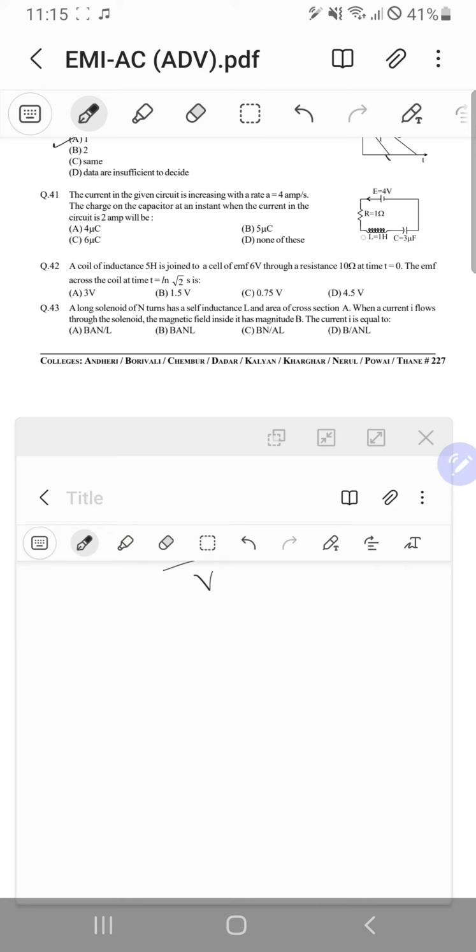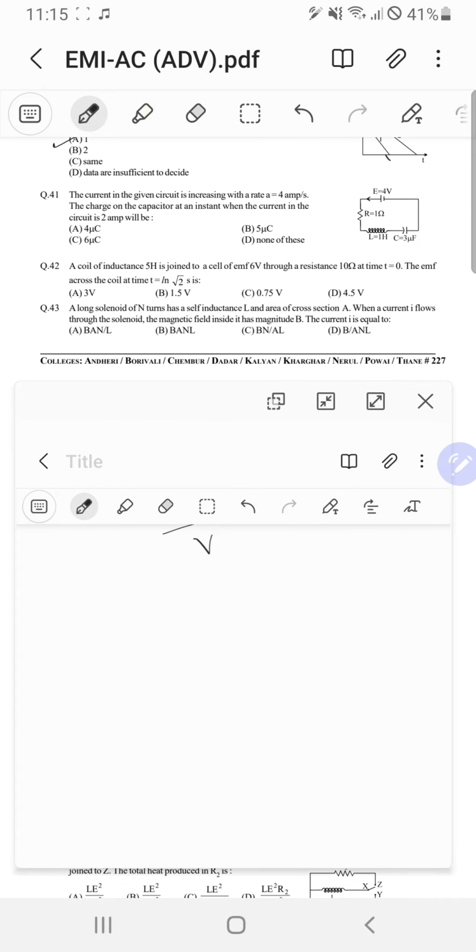You have a resistor, an inductor, and a capacitor. So they straight up tell us that the current is increasing at a rate of 4 amps per second. Oh, that's weird. This is problematic.